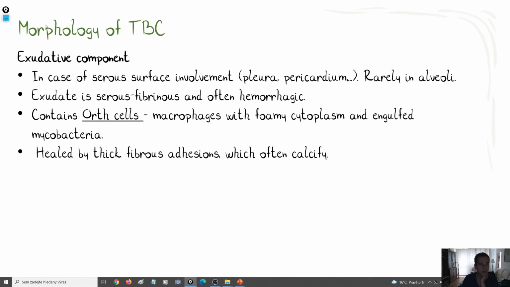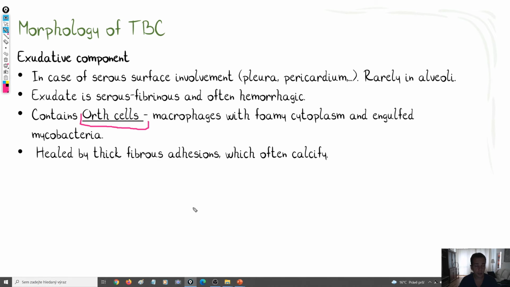The TBC exudate also contains so-called Ort cells. An Ort cell is nothing else than a macrophage that engulfed mycobacteria. Such a macrophage has a foamy cytoplasm because the cytoplasm is filled by bacteria, and if you stained this macrophage by Ziehl-Neelsen, you would see small bacteria, small rods in the foamy cytoplasm.